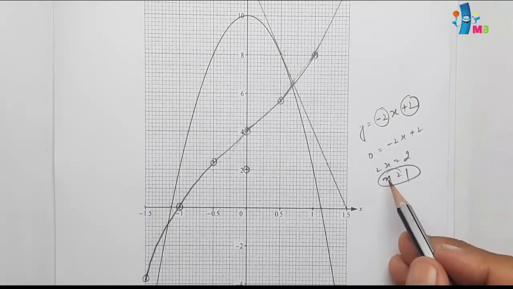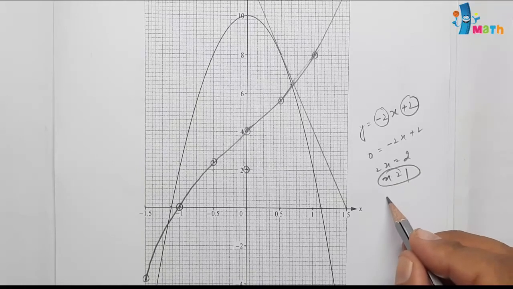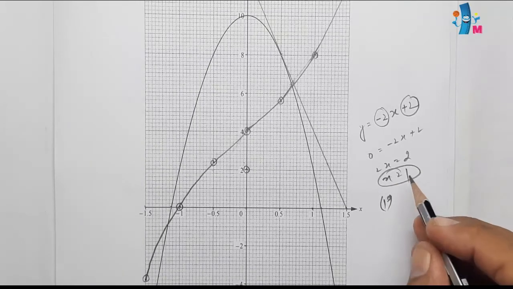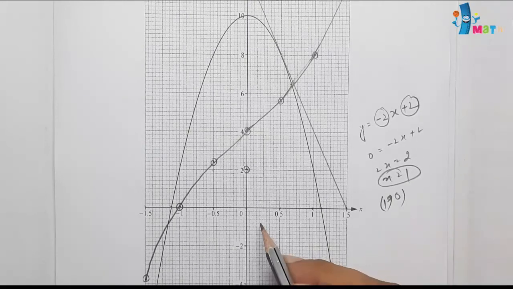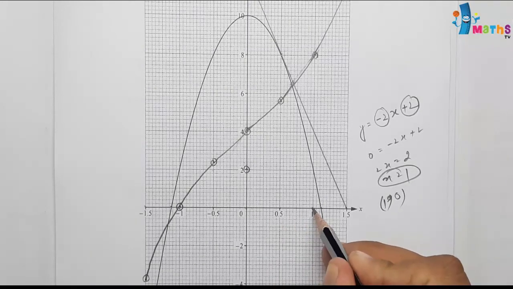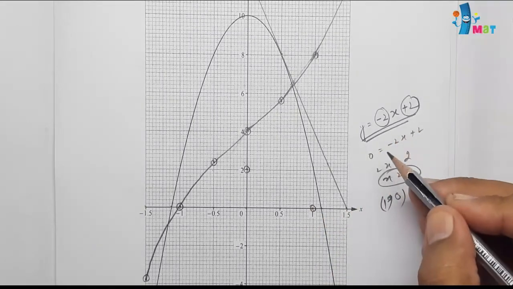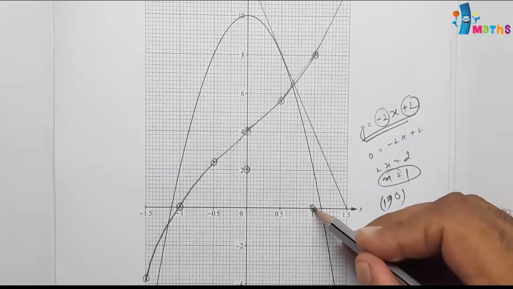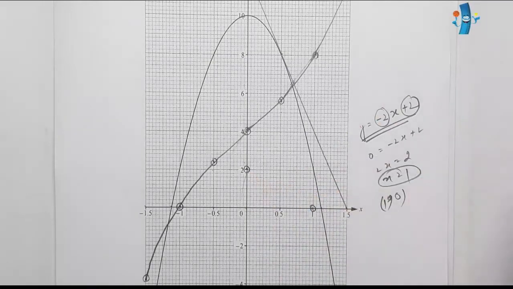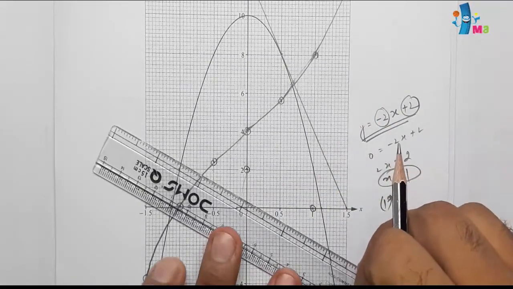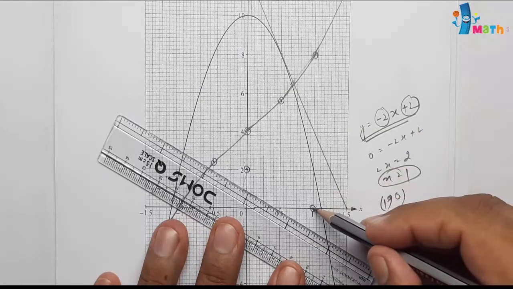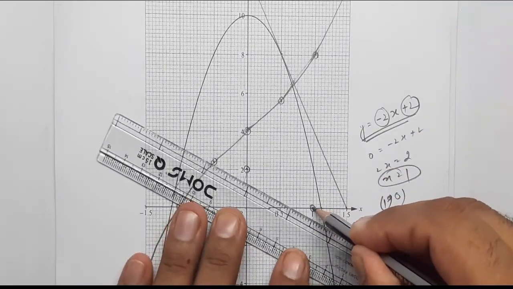So we can use this point, x is equal to 1, so it will be 1 and 0. So 1 and 0 will be this point. So this is the second point which we got from this equation which we had derived. So this point, and this is the y-intercept. So we'll be drawing the straight line passing through these 2 points.